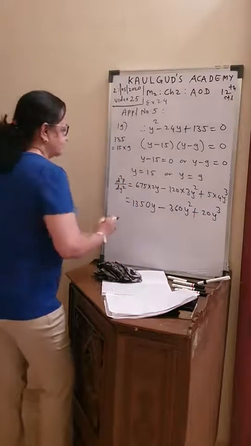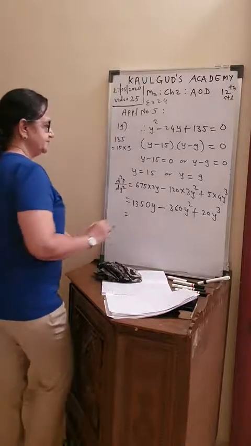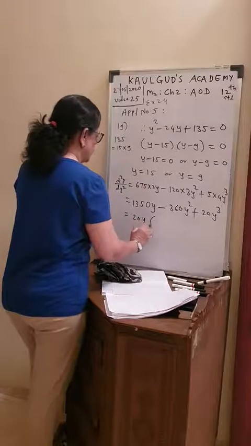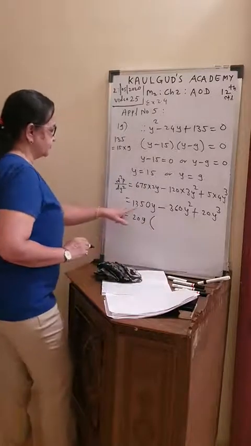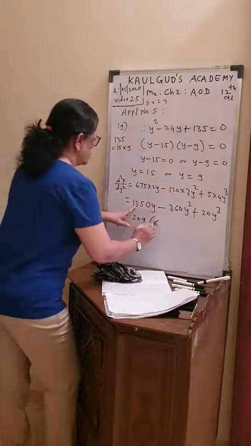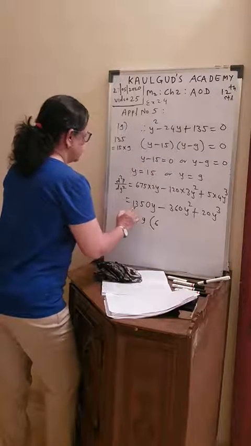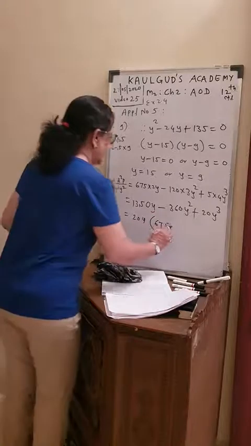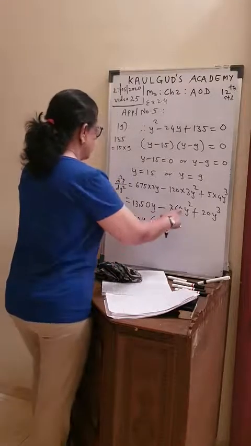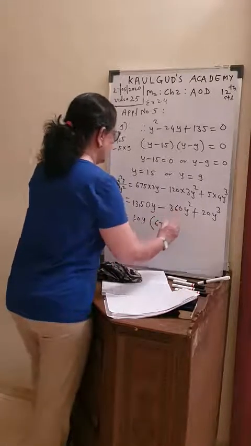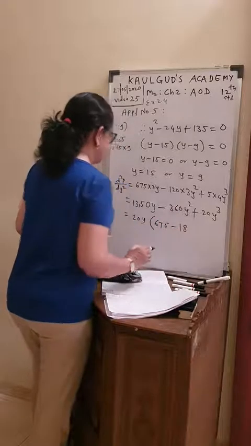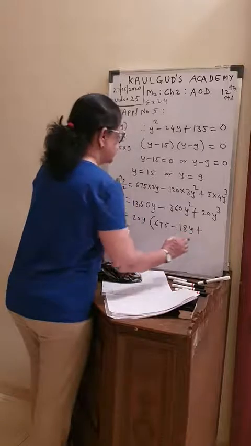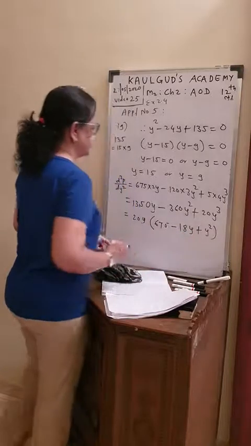Do you want to take out something common? 20 and y if you put common. So what will remain inside? If you remove 20 from here, 675, y has already come out. Then minus 360 divided by 20, so 18y, and plus y square, that remains inside.